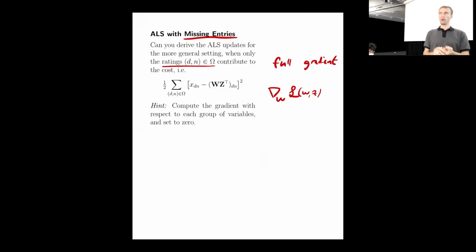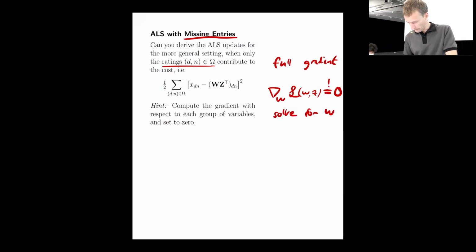But we have already done the harder work, right? We have computed the stochastic gradient, and if I sum them all up, then I would get the full gradient, because L was the sum of all these. So of course I can compute it, but the question is, can I set it to 0 and solve for W?